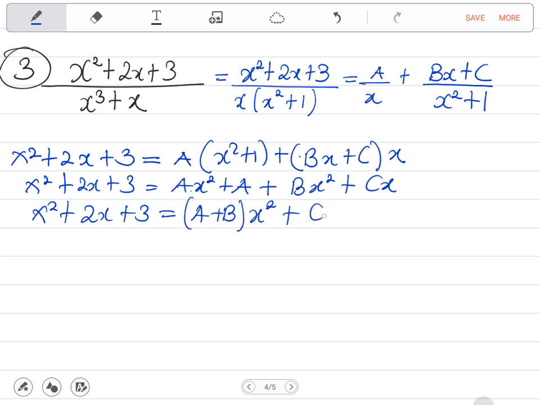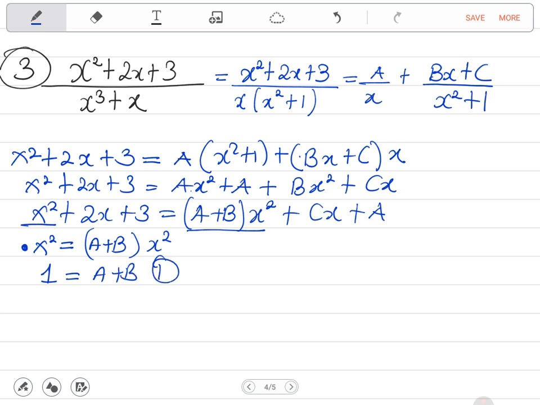Then you have cx, and you've got a. So this part should be equal to this part. So we say x squared is equal to a plus b x squared. Cancel the x squared, you have 1 equal to a plus b.